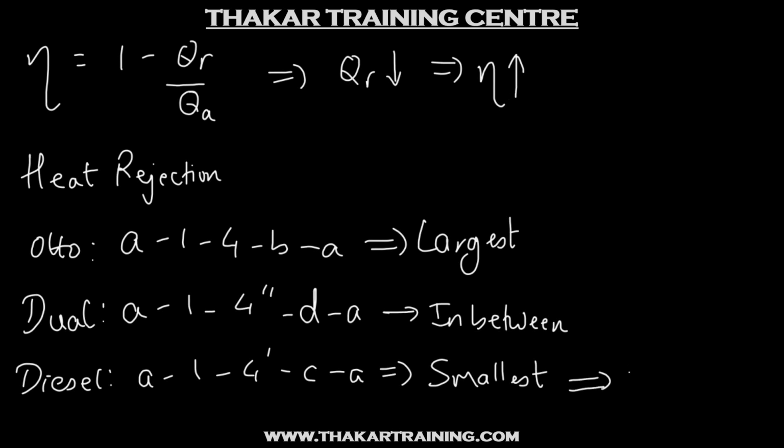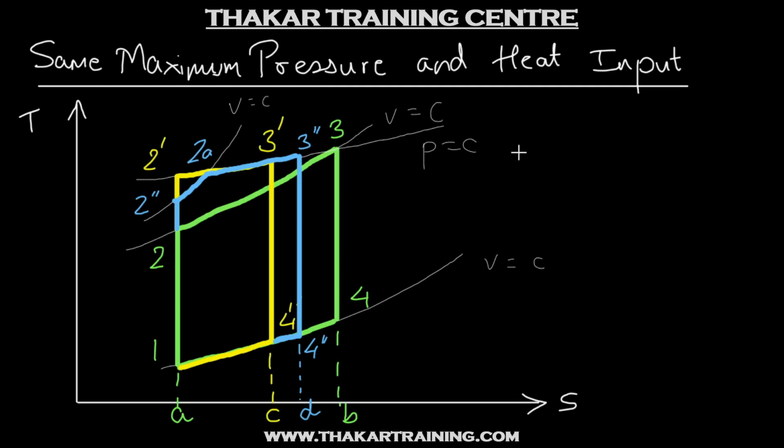So this will be the highest efficiency, whereas this will be the lowest efficiency, right? So for this case, the cycles compare as diesel cycle has more efficiency as compared to dual cycle, which has more efficiency as compared to Otto cycle. Alright, so this was the comparison when the cycles have same maximum pressure and heat input.